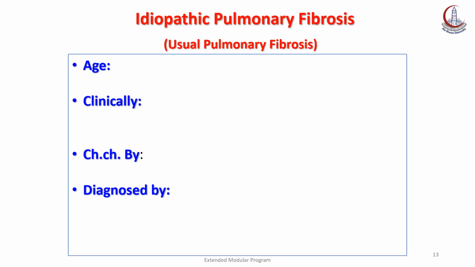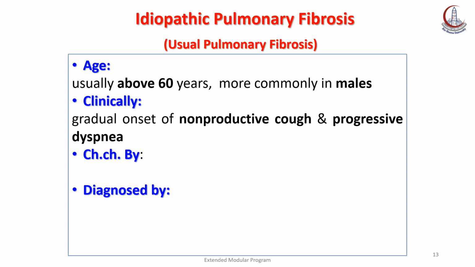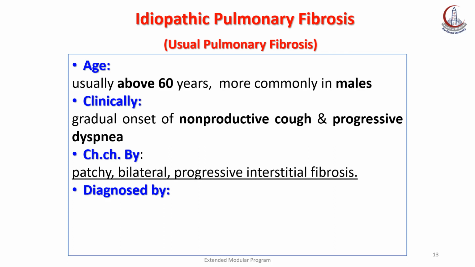Let's start with idiopathic pulmonary fibrosis, or usual pulmonary fibrosis. The age of the patient is usually old age, like in our case, above 60 years, more commonly in males. Clinically, there is gradual onset of non-productive cough, with no secretions, and progressive, meaning increasing, dyspnea. It is characterized by patchy bilateral progressive interstitial fibrosis.